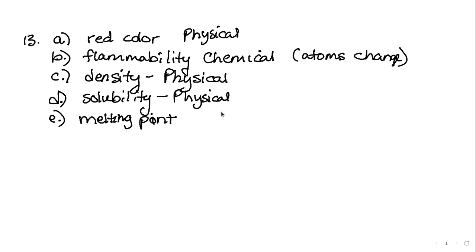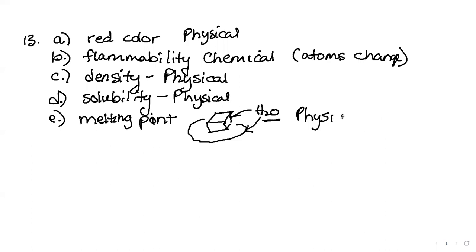If you remember with the ice cube and the water around it, the ice cube was H2O and the melted water was also H2O. So it's just a change in phase, not a change of the actual atoms. So that's physical. Okay, F is odor. Odor doesn't change smelling it, so it is physical.